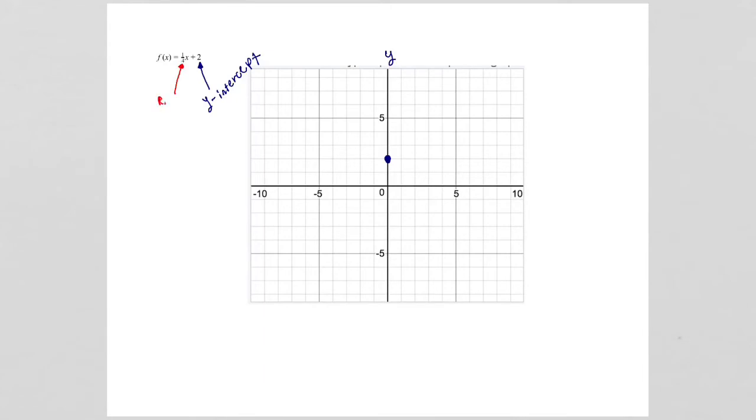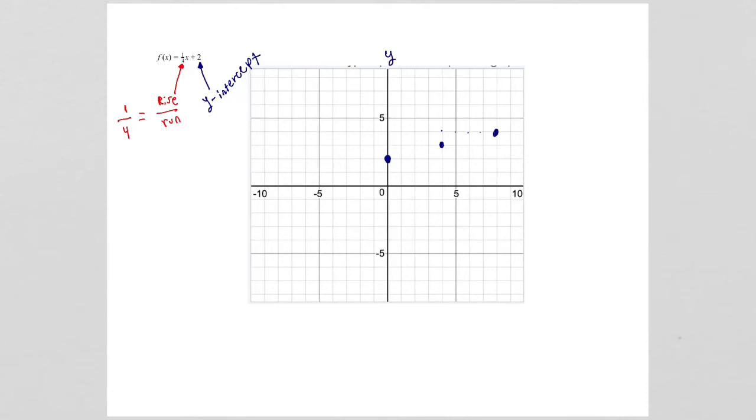So the rise over run here: my rise is going to be 1 and my run is going to be 4. So we're going to go up 1 and to the right 4. So 1, 2, 3, 4. We're going to plot a point right there. Let's do one more. Up 1, and 1, 2, 3, 4 right there.